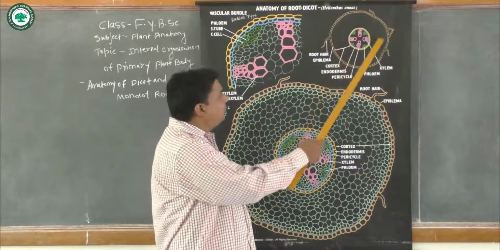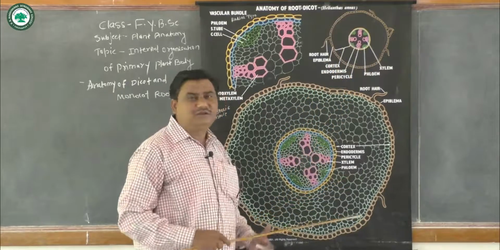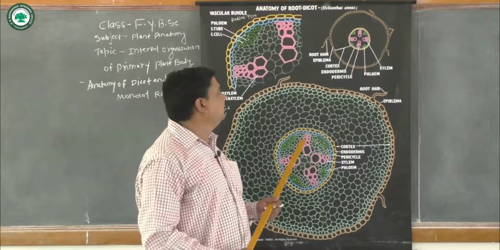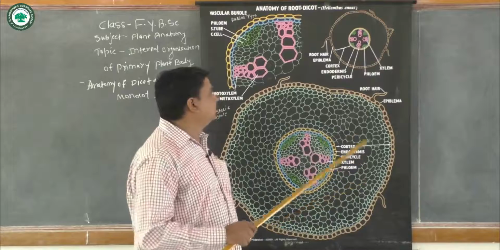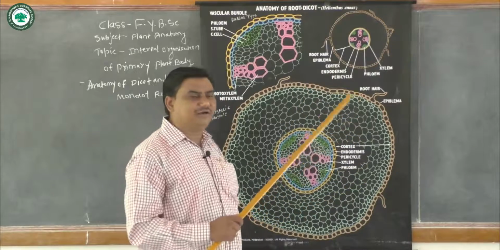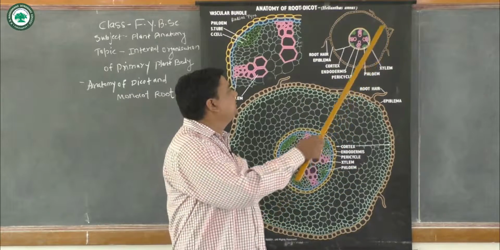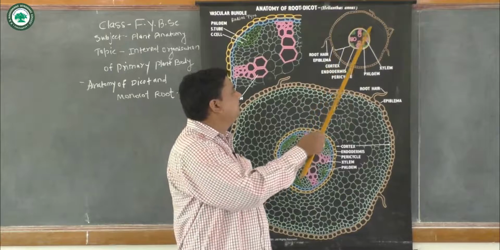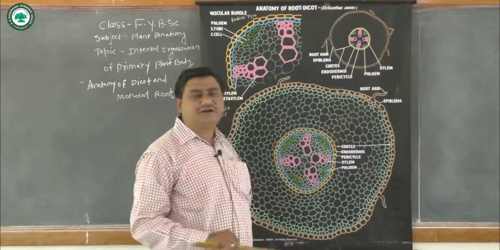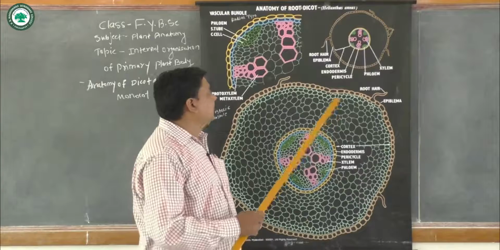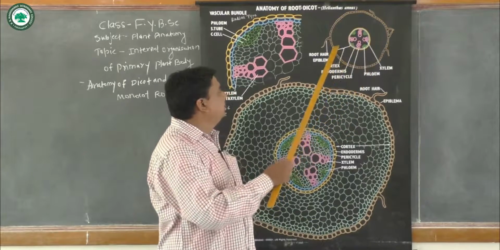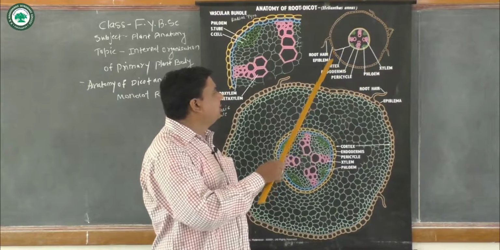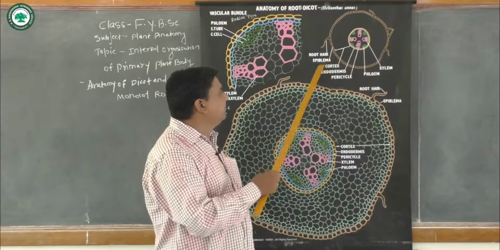The ground plan of the root consists of three regions: mainly the epidermis, then the stele, or endodermal region, and in between these, the cortical region.